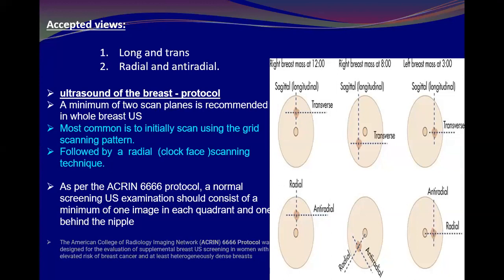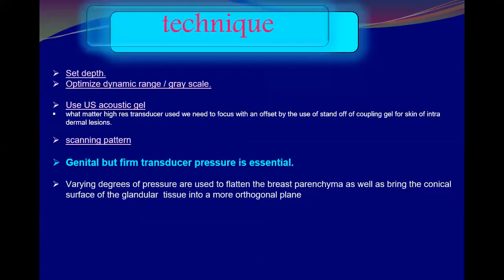And as we mentioned, we have 5 zones: 4 quadrants and the subareolar region. For subareolar, we have to have at least 1 image, apart from the abnormal area. We'll talk later about the area of abnormality.